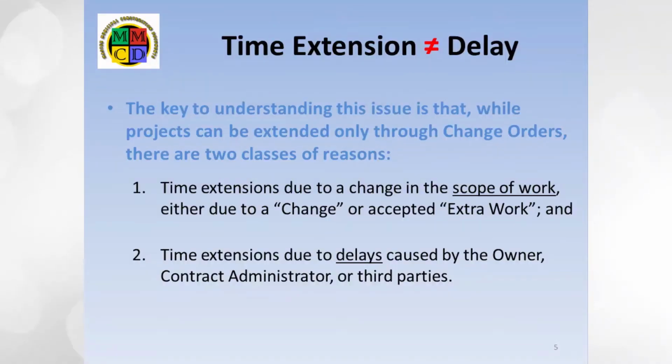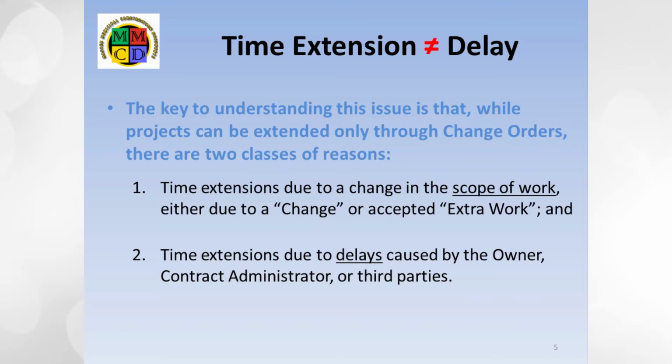The key to understanding this is in the definitions. A time extension granted on a change order is not necessarily a project delay. It may be, but more likely it is not. Any time extension which is granted to cover a change in schedule, which results from a change in the scope of the work, is not a project delay.